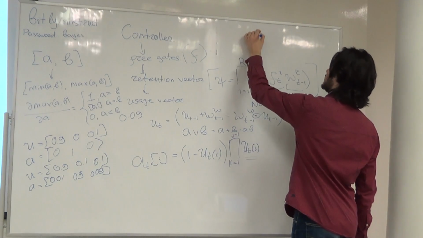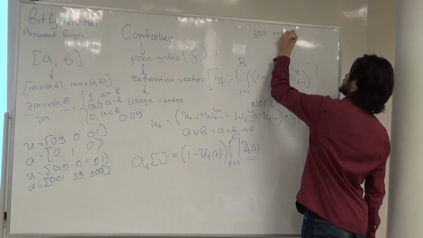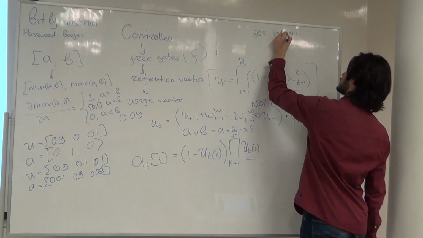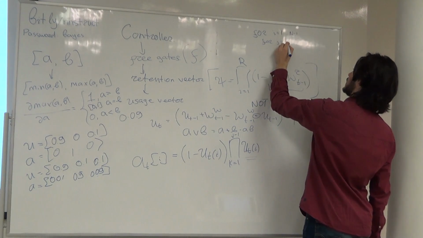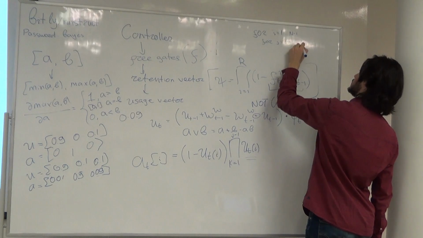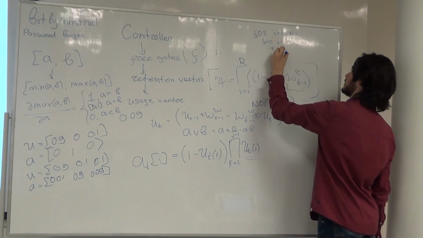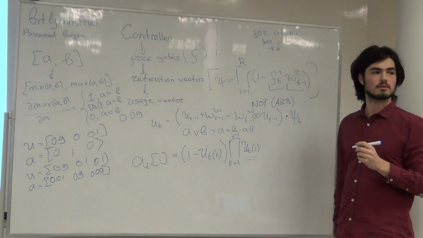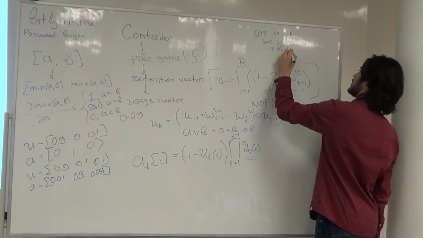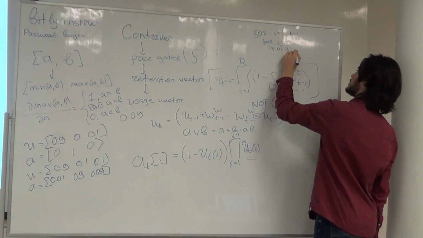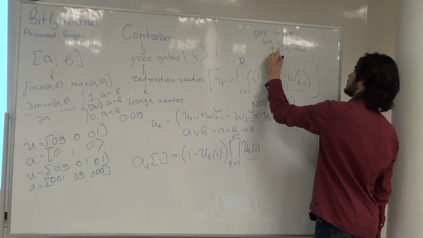So what would it be: for i from 1 to n minus 1, for j from i plus 1 to n, if A_i is greater than A_j, then we swap them.